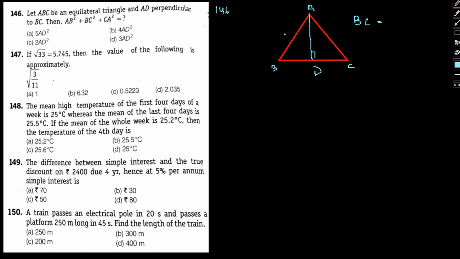BC can be written as BD plus DC, or twice BD, because since AD is a perpendicular bisector, these two will be equal. Therefore BD can be written as BC by 2, or AB by 2, or AC by 2, since these are all equilateral triangles.